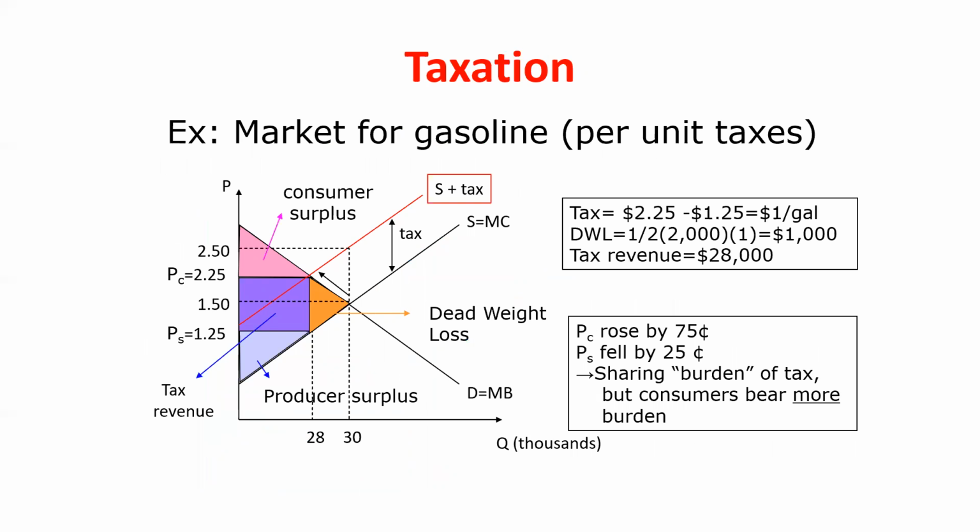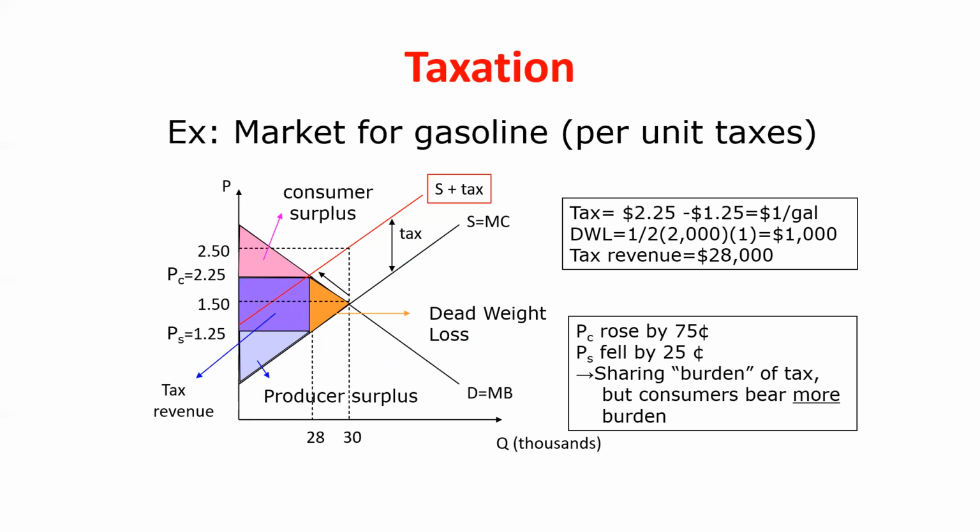So let's say I had something like this, where slope is not synonymous with elasticity. Let's say I had a situation where suppliers were a little bit more elastic. So I know they're more responsive, they should bear less of the burden. I can actually determine that from the price of the product. As we mentioned before, we look at the old equilibrium price, and we see that after the tax, the new price consumers are paying is $2.25.